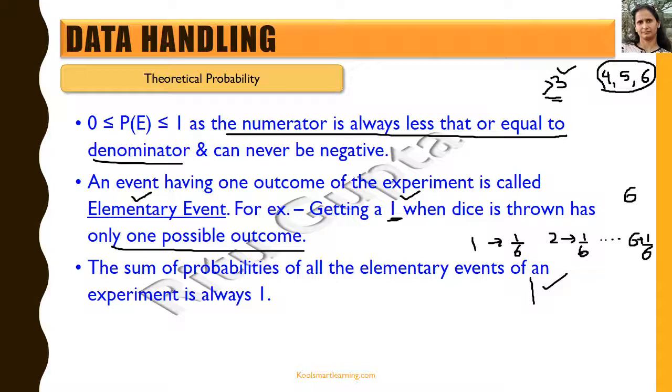So there are 3 possible outcomes, and the total outcomes being 6, the probability of getting more than 3 is 3 by 6, which is half. Now this is first of all not an elementary event, so we can't include this in the sum where we are saying the sum of probabilities of all the elementary events of an experiment is always 1.